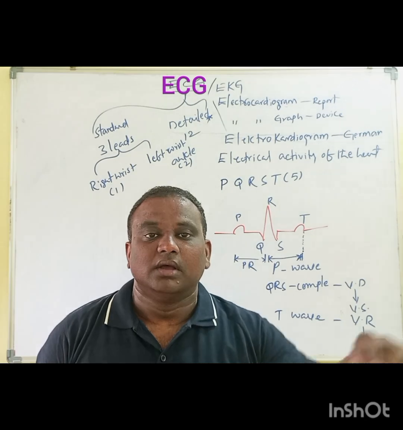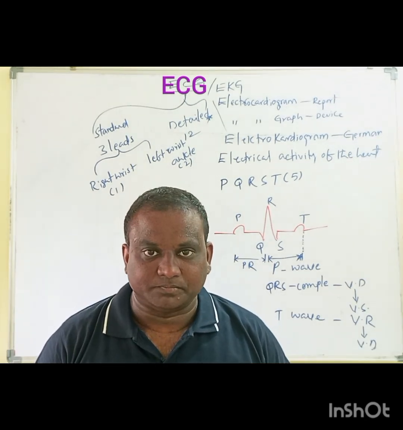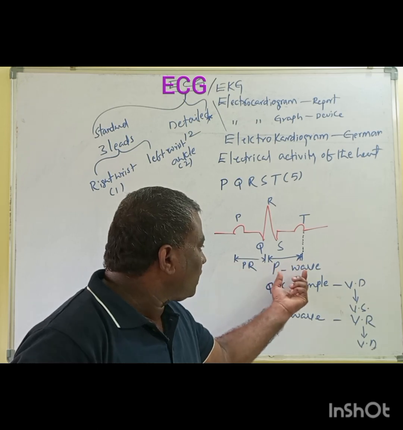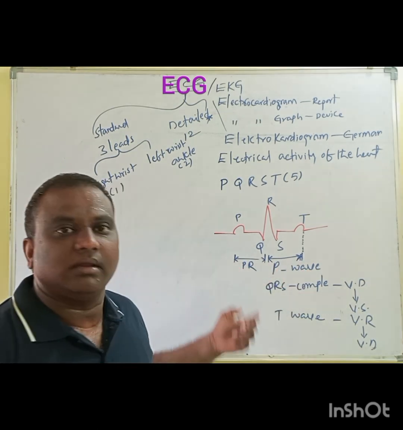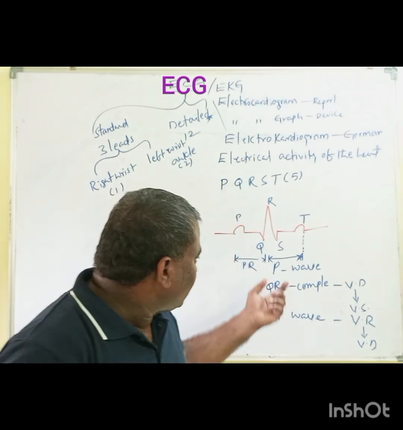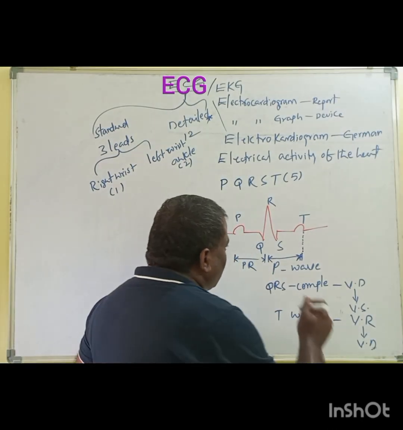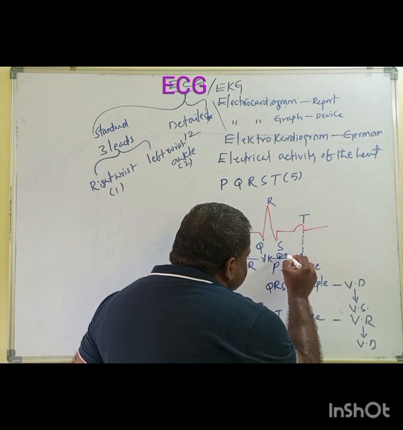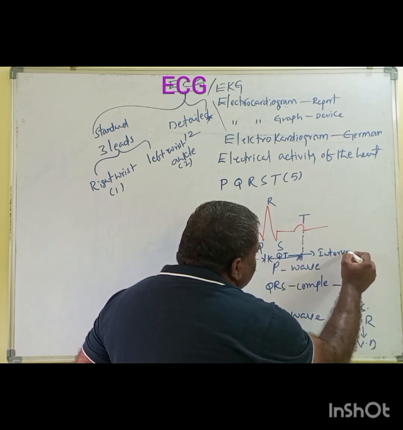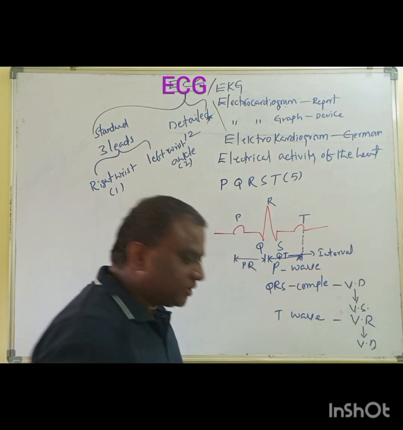These two lines are very important for the exam. So these intervals represent systole or contraction. The PR interval represents atrial systole, and the QT interval represents ventricular systole or contraction.